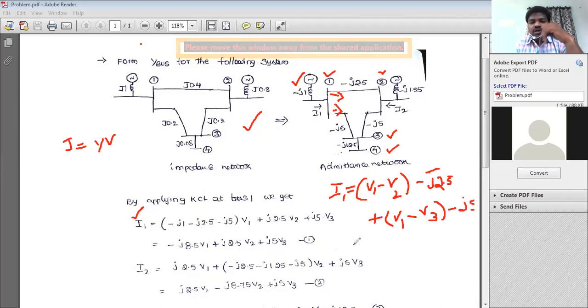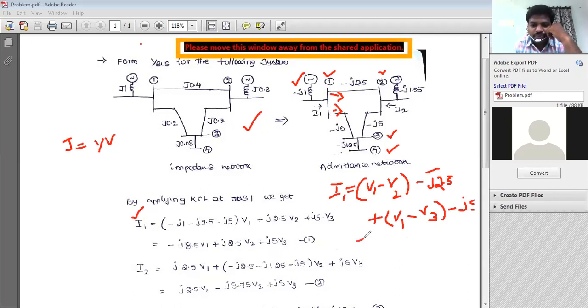Please do remember that you will have one more admittance term. Obviously, this is also connected to bus number 1. So I can consider it as plus V1 into minus j5.